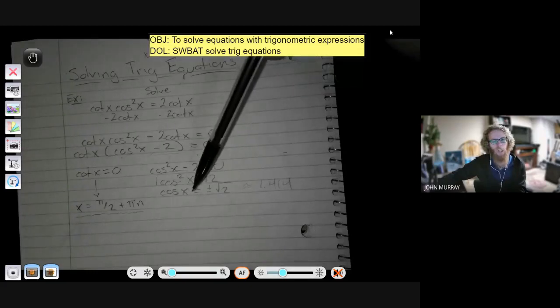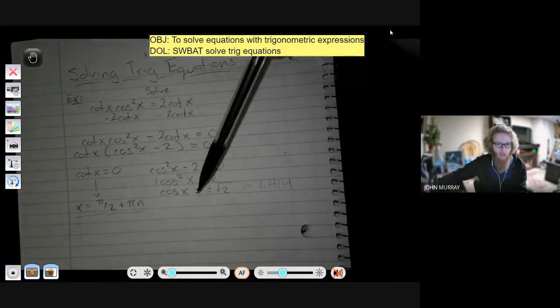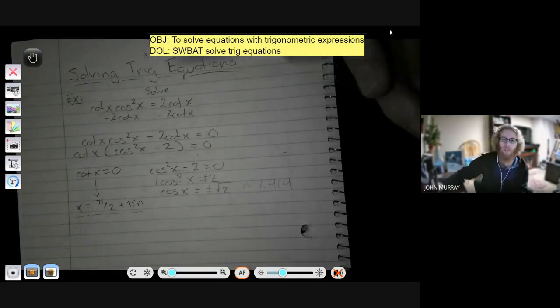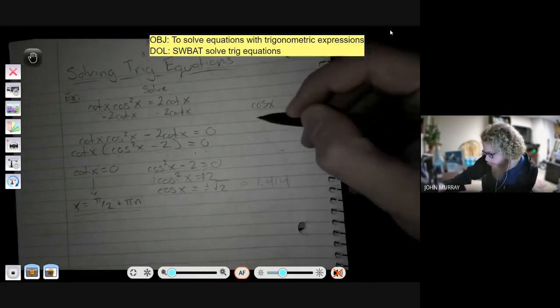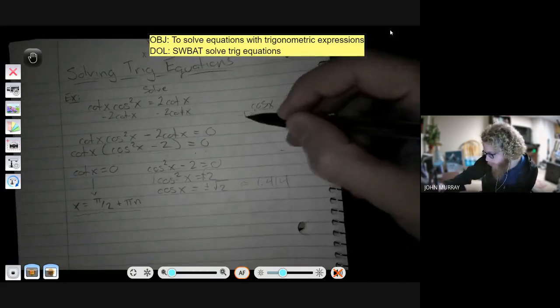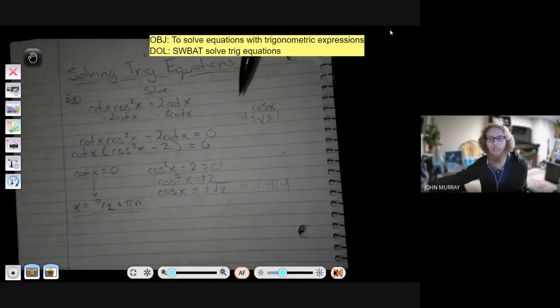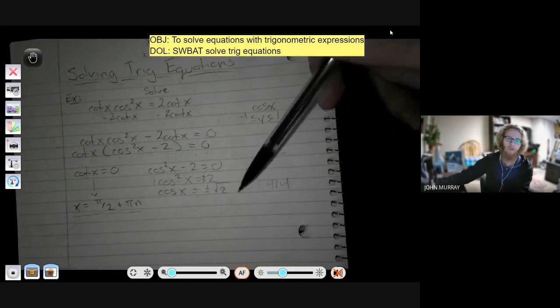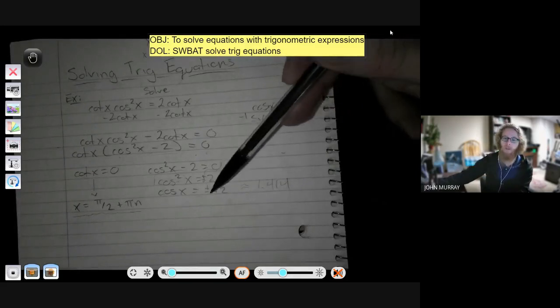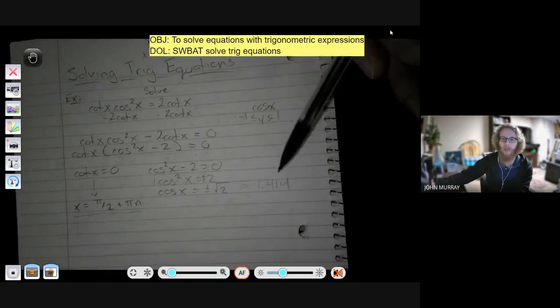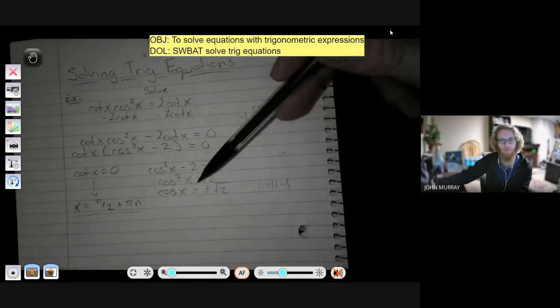But with our basic rules of cosine and sine, we know that the range of cosine has to be in between -1 and +1. The square root of 2, whether it's positive or negative, falls outside of that range.